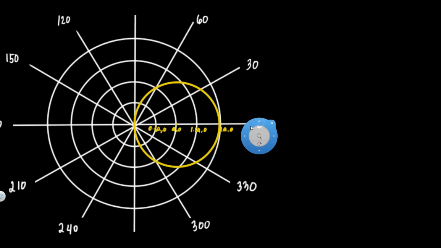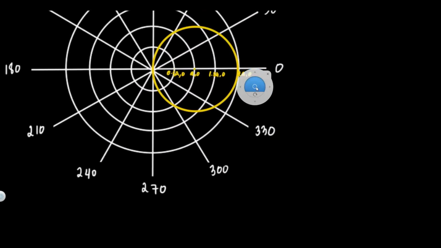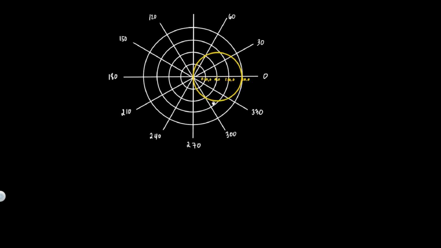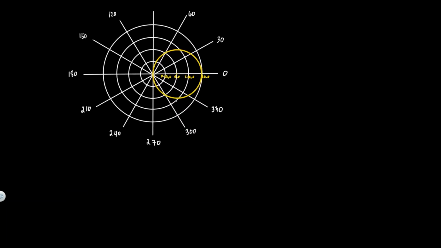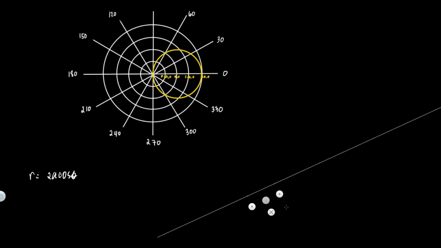So, if you're going to plot this, pwede naman, ano? Pwede mo siyang i-plot. Kailangan gagawa tayo ng table. So, yung ating equation is r, okay, palitan ko lang yung pen. So, equation natin is r equals 2a cosine theta. So, ang kailangan lang natin is the table.